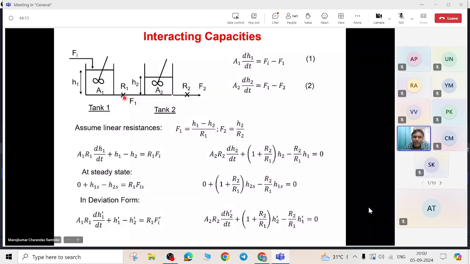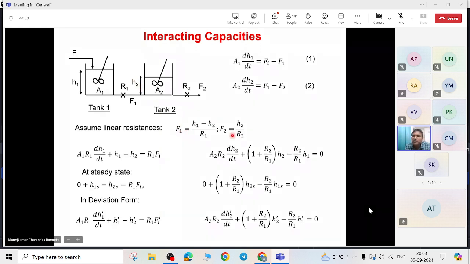So the flow rate here will depend on H1 and H2. So we can take the flow rate F1 as H1 minus H2 divided by R1. Do you all agree? Is it clear to everyone? Yes, sir. Similarly, the outlet flow rate will depend on the hydrostatic head in the second tank, so that is given as H2 divided by R2.